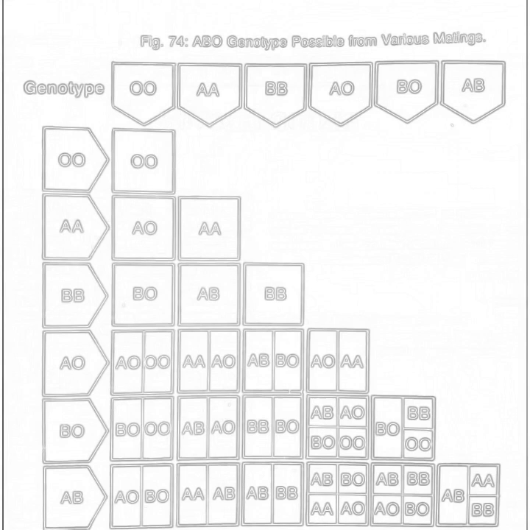So O positive can take blood from RH negative and O positive only, and the universal donor is O negative. O negative can give blood to anyone, and AB positive can take blood from anyone. A negative can't take blood from AB positive, okay.